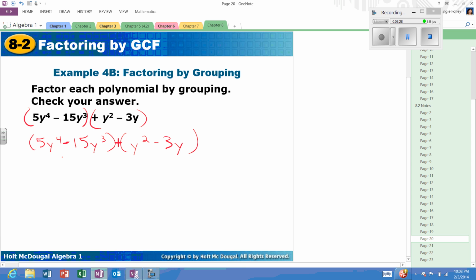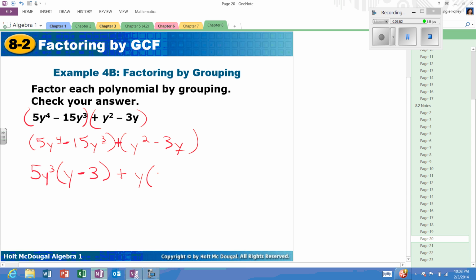So out of 5y to the fourth minus 15y to the third, I can pull out a 5 because the 5 goes into both numbers. And then I can pull out y to the third because that's the smaller of the 2. So left inside, I should have y minus 3. Okay? Out of this, I can pull out just a y.